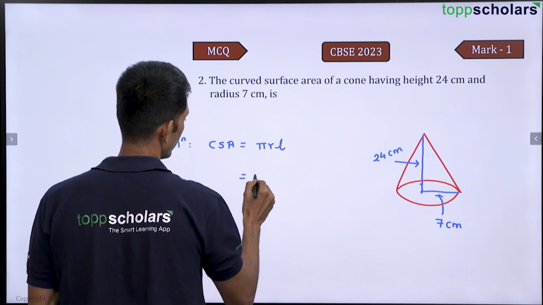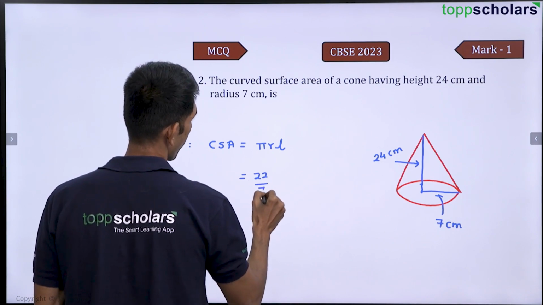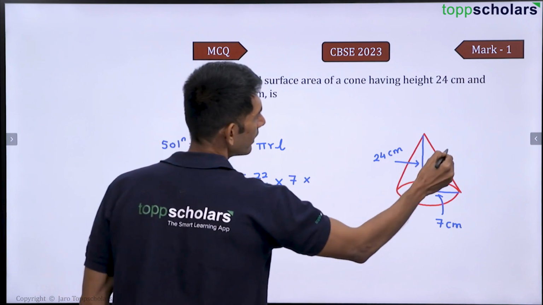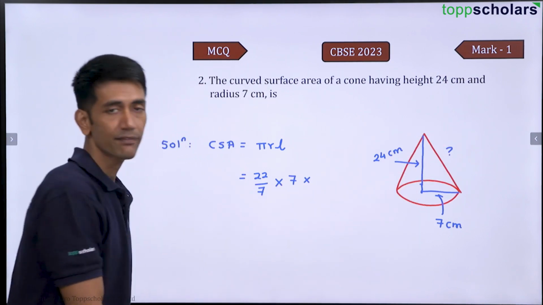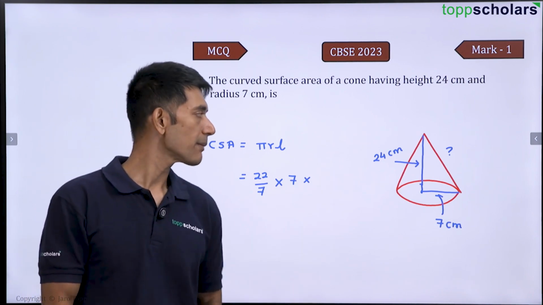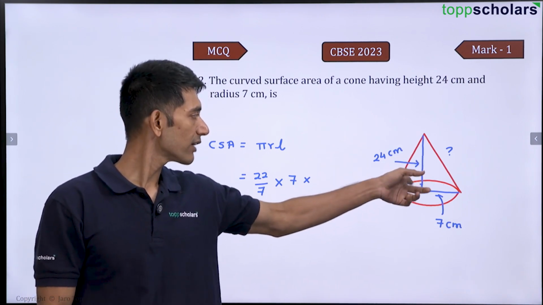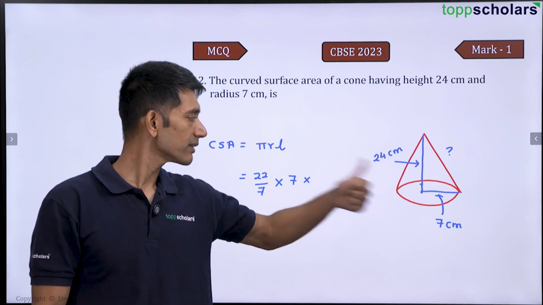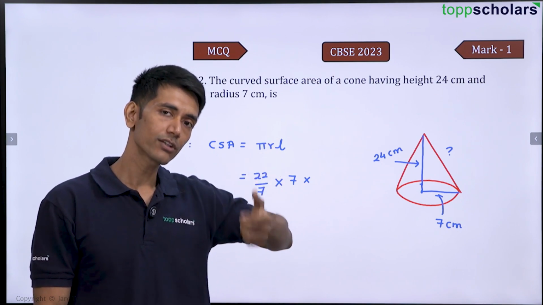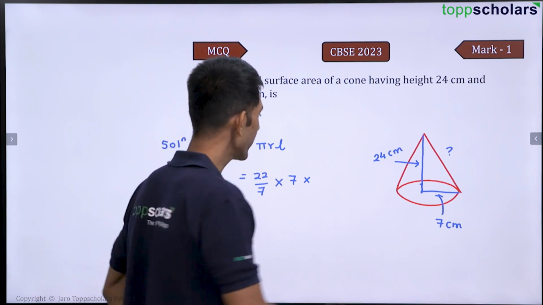So pi we already know is 22 by 7. Radius is 7. But do we know L? No. But can we find out L? We can find out L with the help of Pythagoras theorem. We know how to apply Pythagoras theorem. L square is equal to R square plus H square. 24 square plus 7 square. 24 square is 576. 7 square is 49. That gives you 625. Square root of 625 is 25.